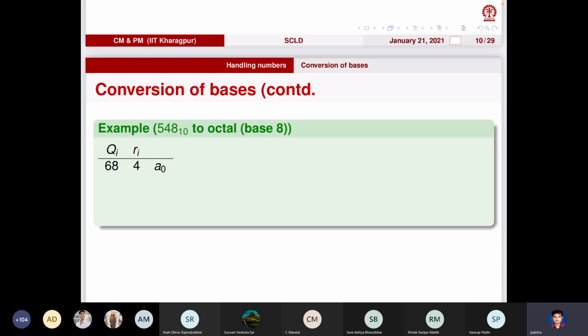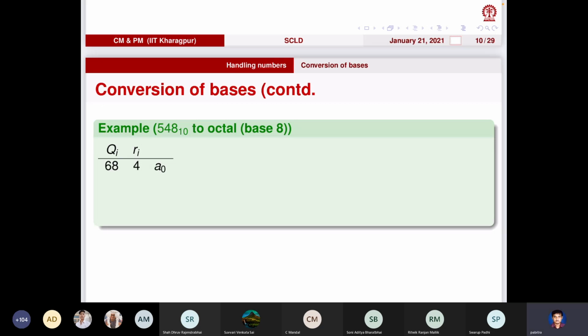We should divide by 8 because B2 is 8. B1 is 10, B2 is 8. So we should divide by B2. If we divide 548 by 8, we get a remainder of 4 and we get a quotient Q naught as 68.